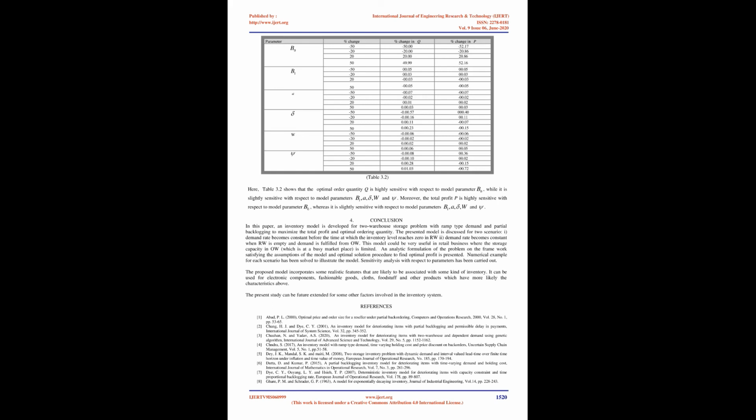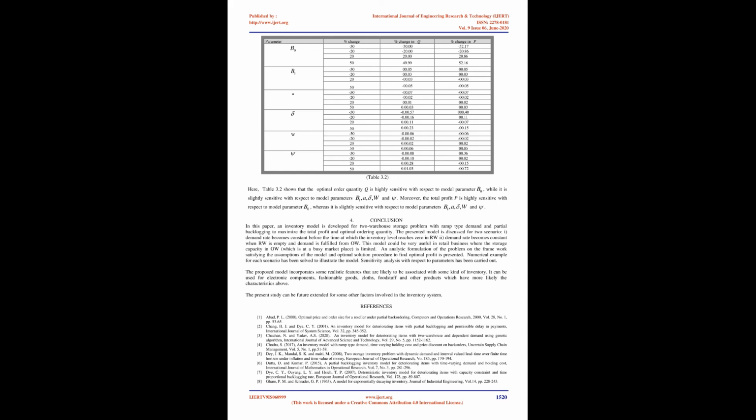Thus the RW is emptied in 0.798188 months, after which demand is fulfilled from OW, where the demand becomes constant at 10.5 months. The inventory in OW lasts for 10.57098 months of the replenishment cycle, thereby giving the maximum profit of Rs 1076.28 on optimal order quantity 1035.91.